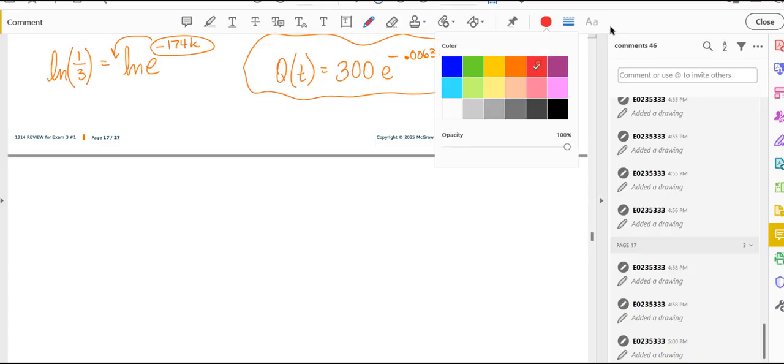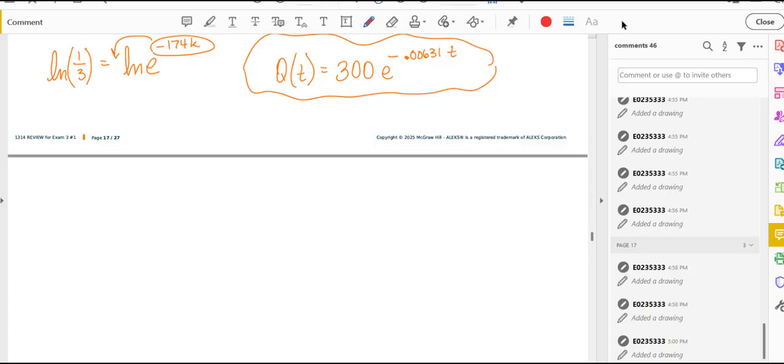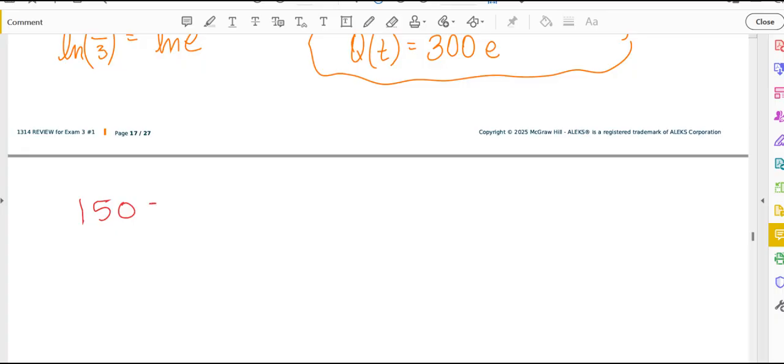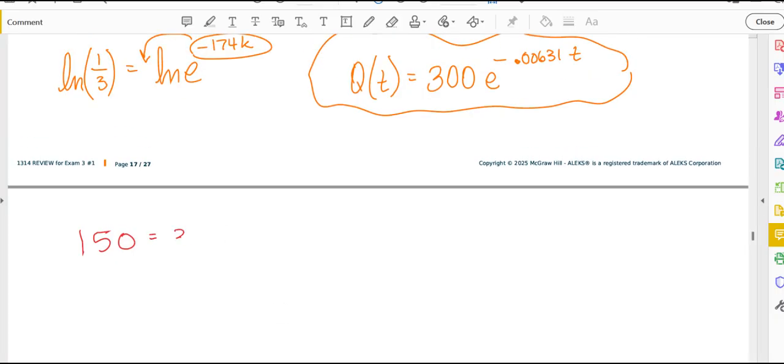So 150 equals 300 e to the negative 0.00631 t. If we start with 300, how long does it take for half of it to go away? So how much do we have left? We'd have 150 left. We need to go solve for t.